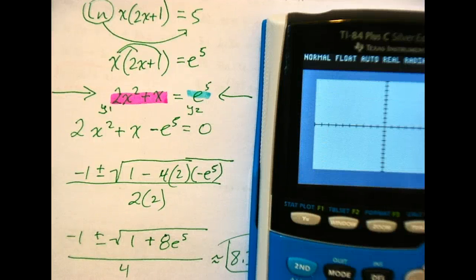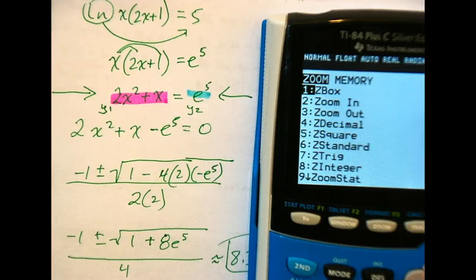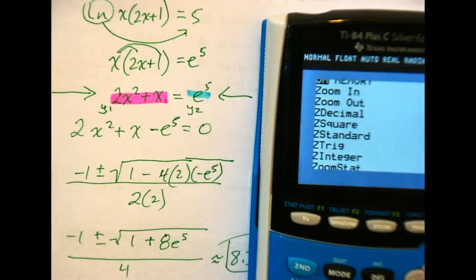And we hit graph, well, we see a parabola. I guess we see something. Where's e to the 5th? It's like 1,000. It's far away. So let's go zoom, and let's go to zoom fit and see if we'll see everything.